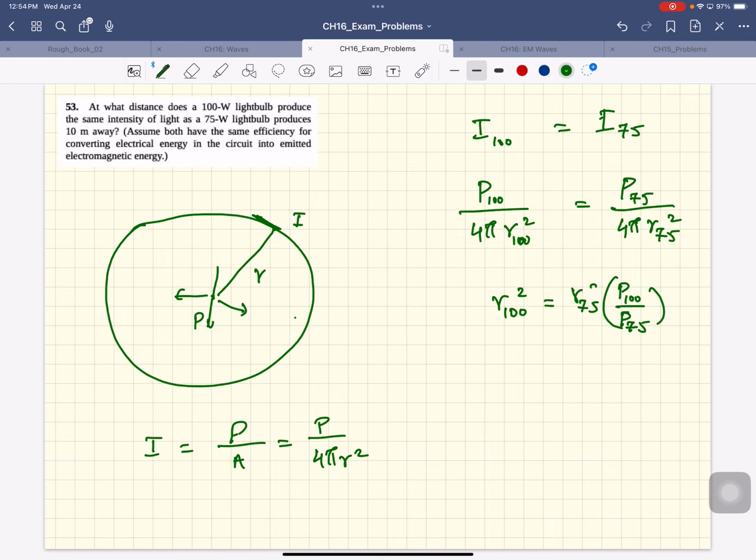Is the area 4 pi r squared because it's a sphere? Yeah. All right, so this is a 100-watt bulb, and that's 75 watts, and this is 10 meters.